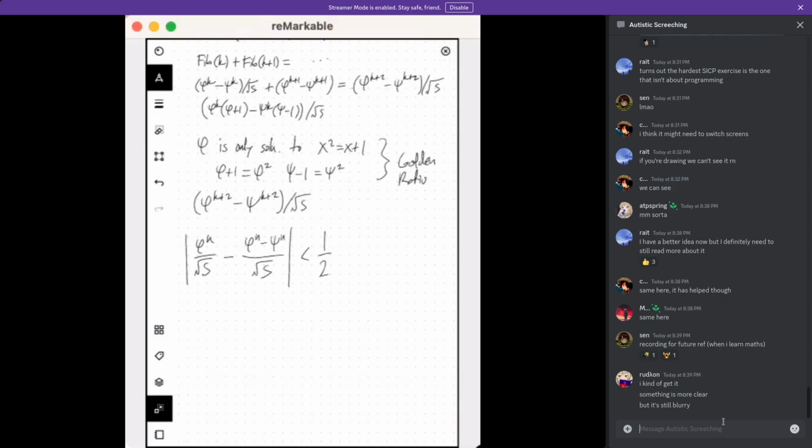Right. If this difference was greater than 1/2, then this would no longer be the closest integer, right? And to be clear, we've already proven that this is equivalent to the nth Fibonacci number.